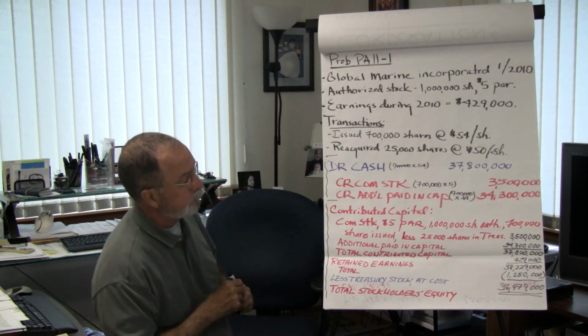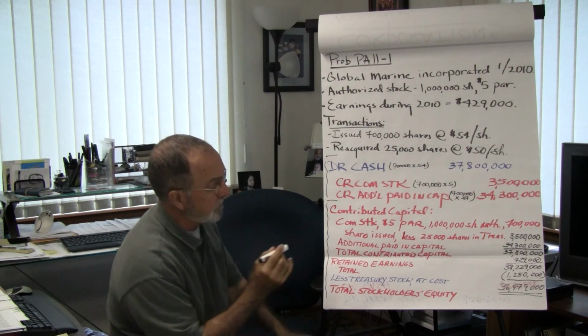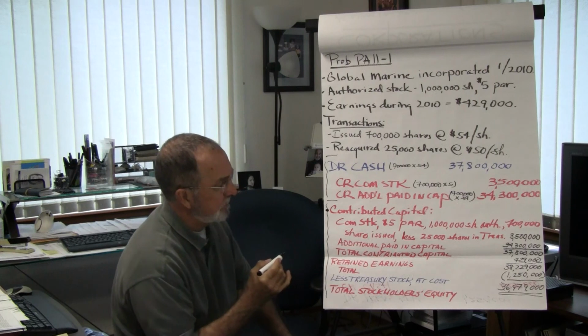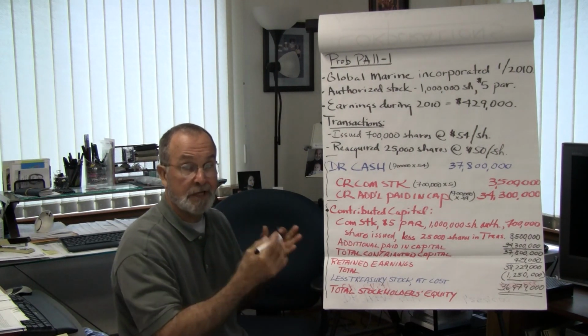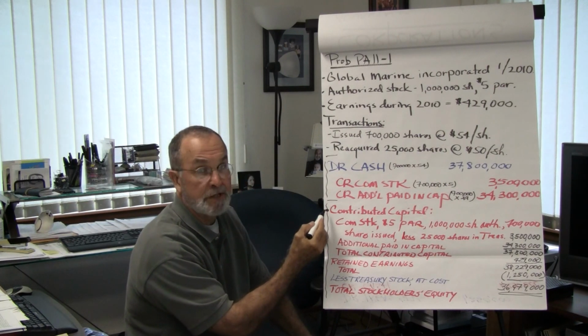We break our equity up into two groups, basically. Equity that is contributed, or equity that comes from the owners, comes from outside the corporation, from the owners. We refer to that as contributed capital.